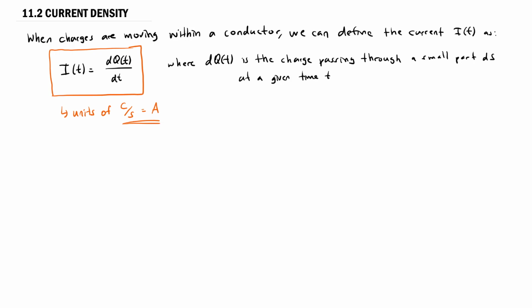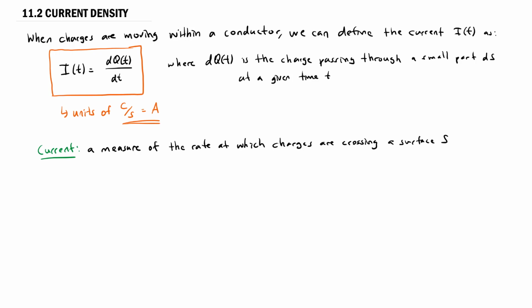So then how do we define current? The current is a measure of the rate at which charges are crossing a surface S.